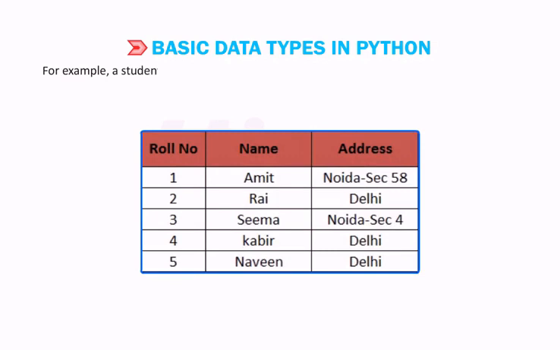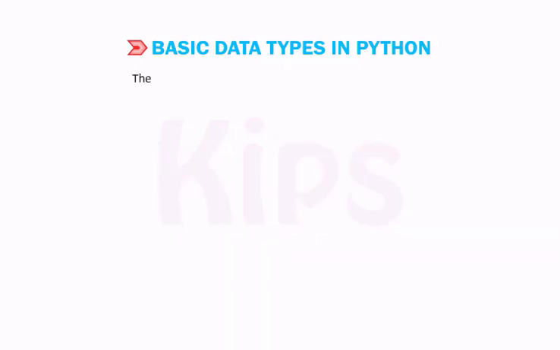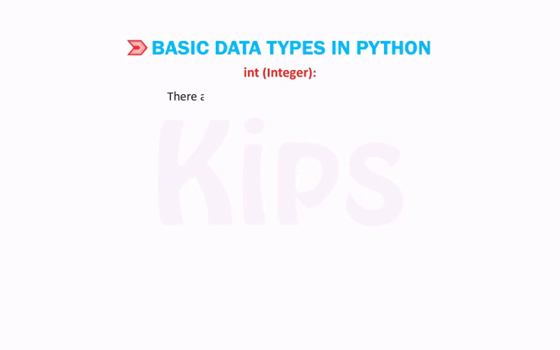For example, a student's marks are stored as a numeric value, whereas his or her address is stored as alphanumeric characters. The basic data types used in Python are mentioned here. Int, integer, represents integral numbers, numbers without any fractional part. There are three types of integers in Python.